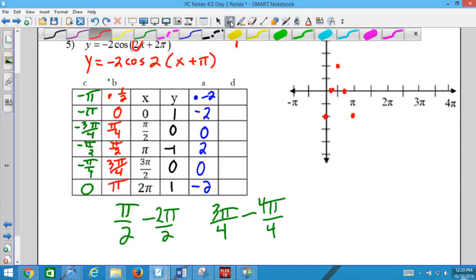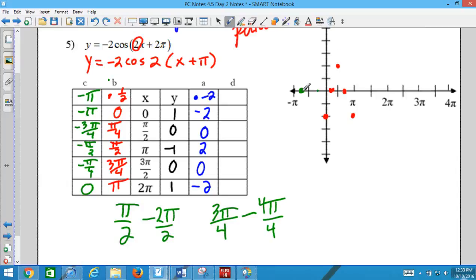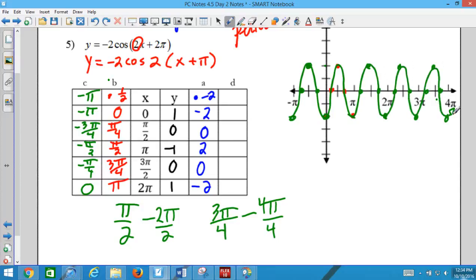Like 2 full lines. So if I take each of these and move it over 2 full lines, then I'm going to have my pattern. Or I can just graph this and then continue the pattern. Lots of dots. Easy to miss a dot and make a mistake, believe me, I know. I mean, I never make mistakes, but I've heard.